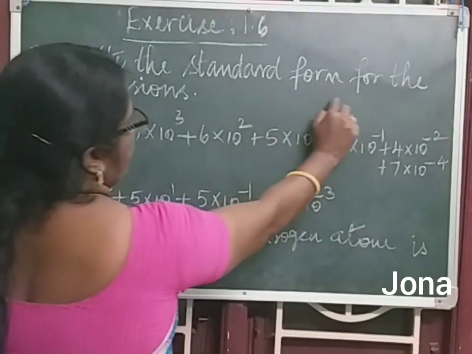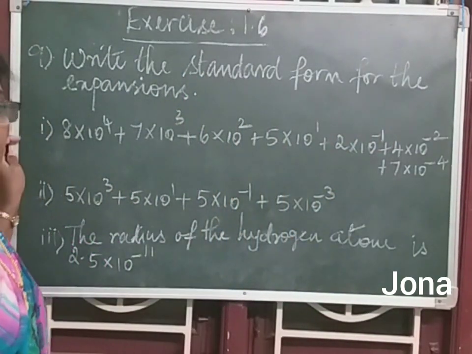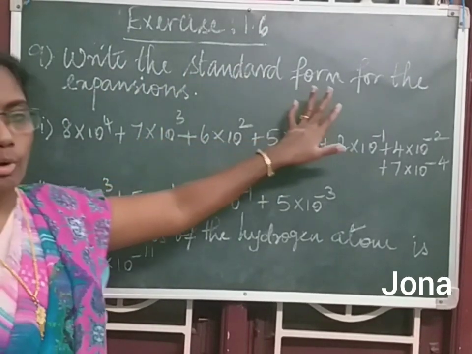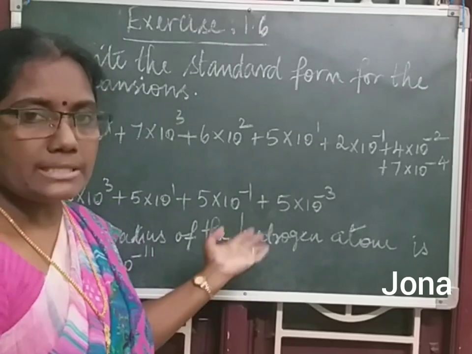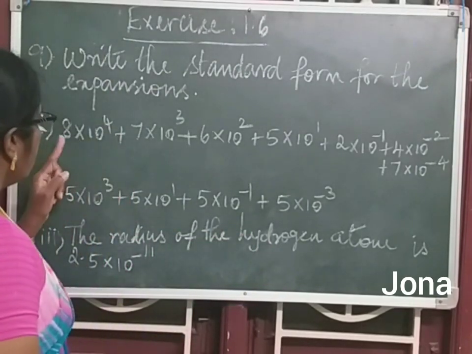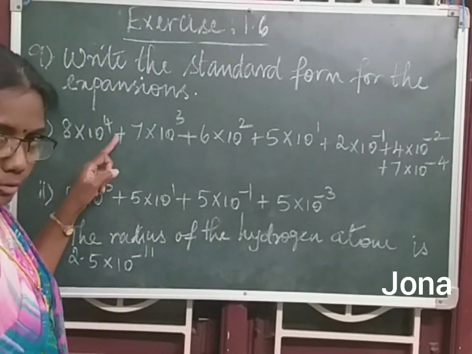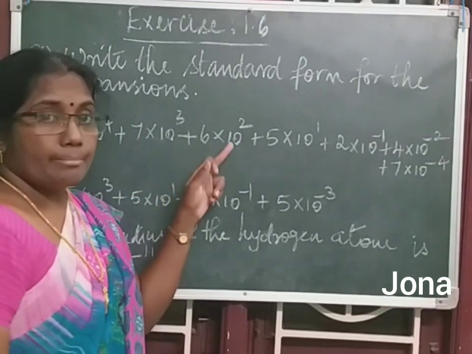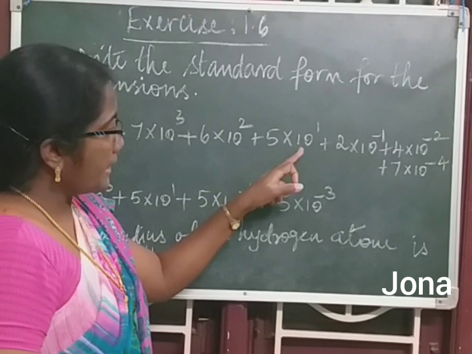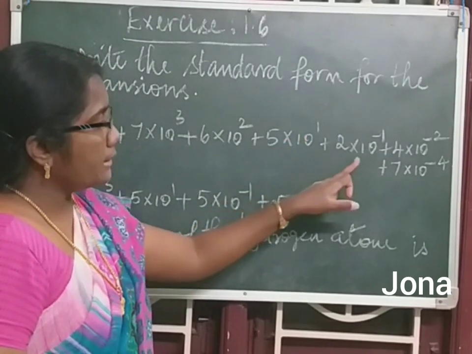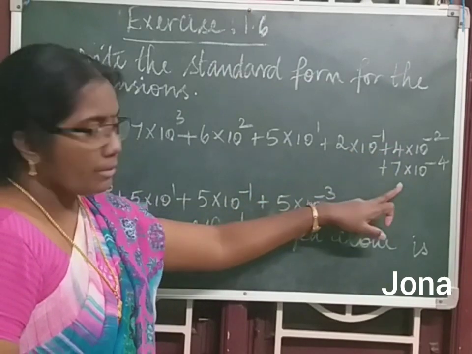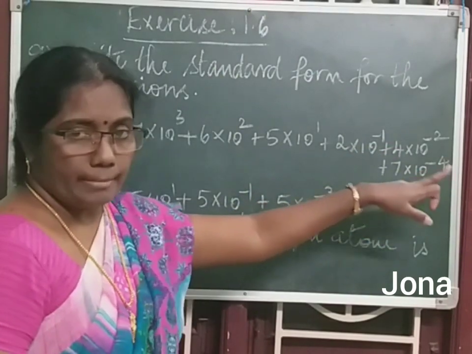Ninth problem. Look here. Write the standard form for the expansions. We want to write the number from this expansion. See here, 8 into 10 power 4 plus 7 into 10 power 3 plus 6 into 10 power 2 plus 5 into 10 power 1 plus 2 into 10 power minus 1 plus 4 into 10 power minus 2 plus 7 into 10 power minus 4.